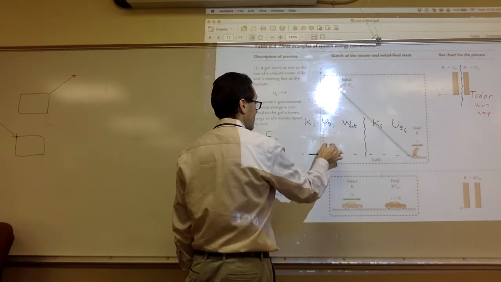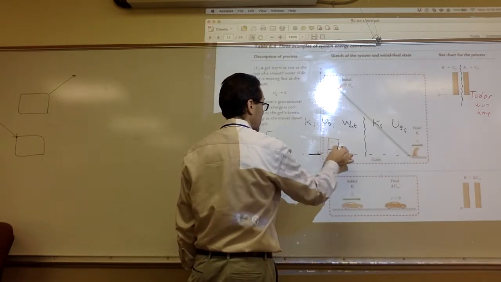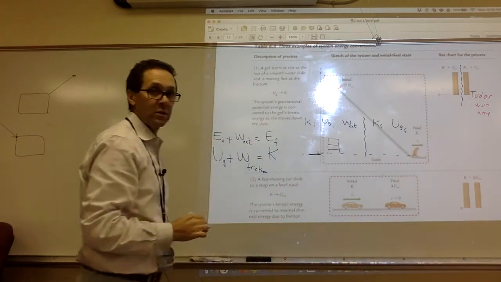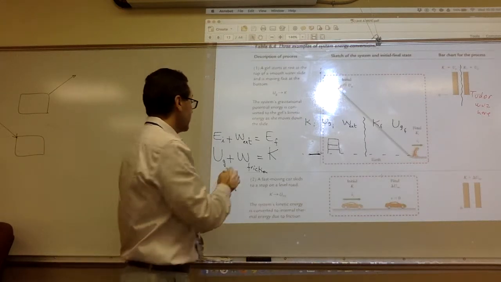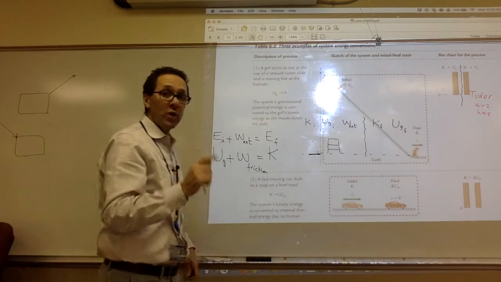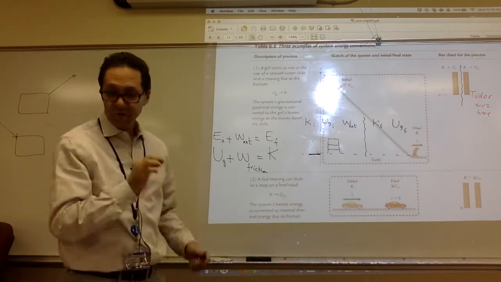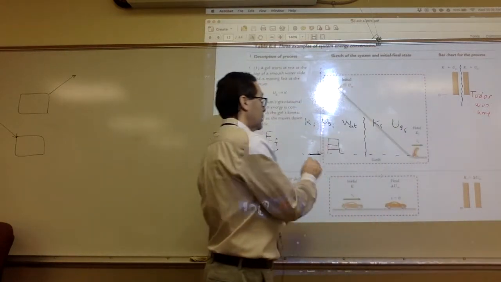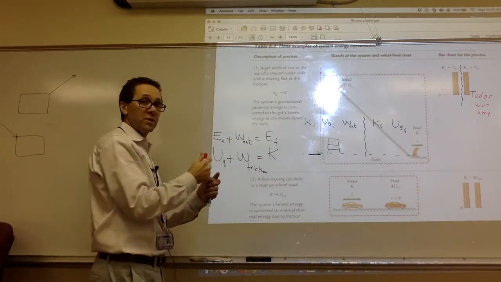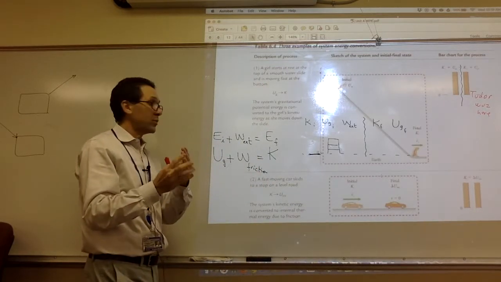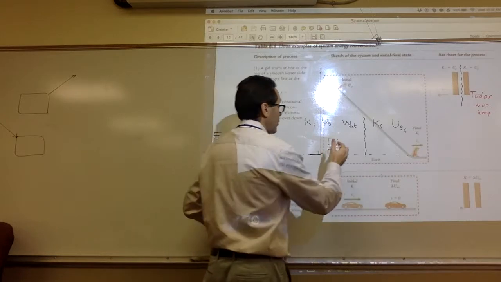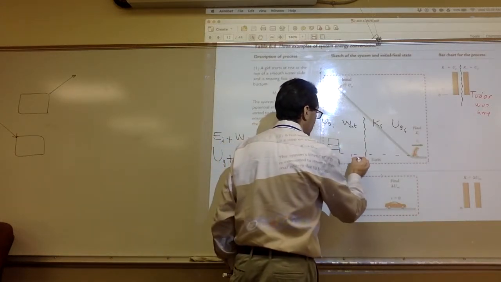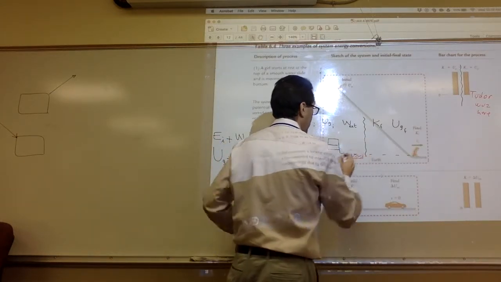She has gravitational potential energy, so let's just say she has 3 bars, right? And friction does some work. The work done by friction is going to be negative. And why is that? Because you're moving down, friction is opposing you, so there is that 180 degree angle between the two. So for the work done by the external force, let's just say I'm going to put 1 bar here, right?